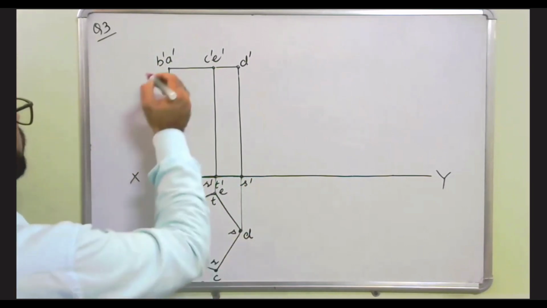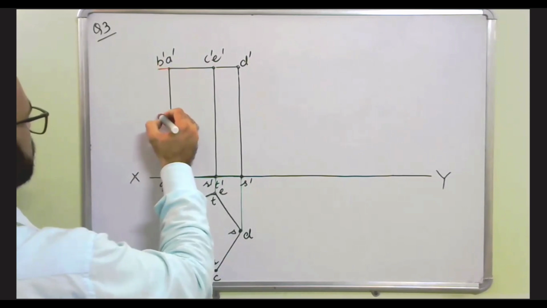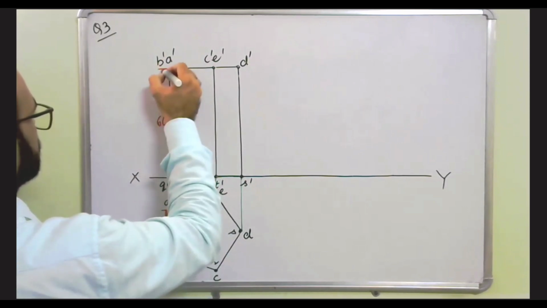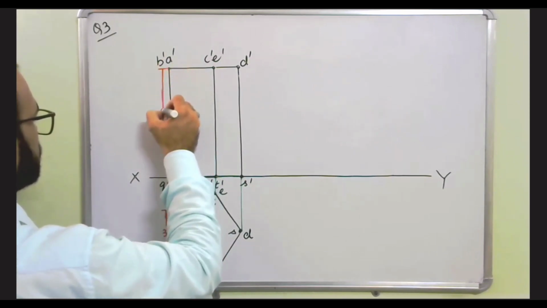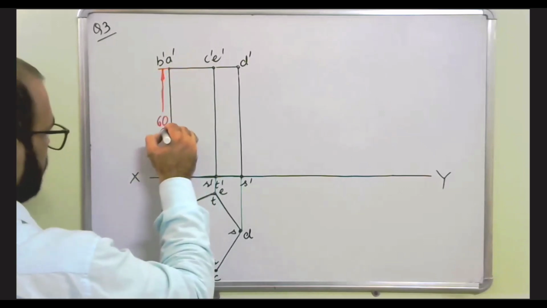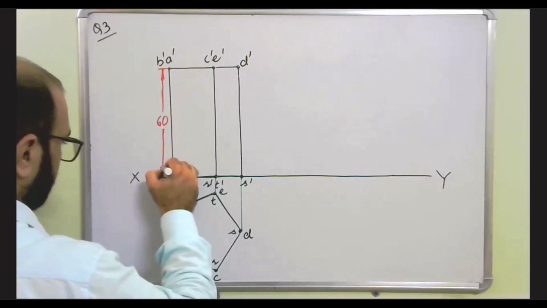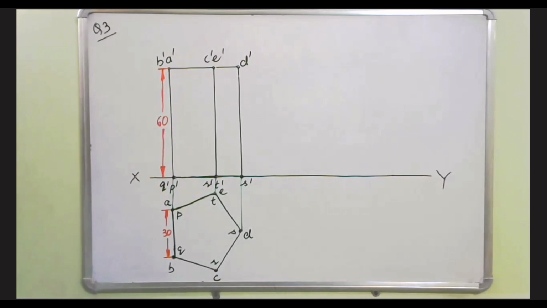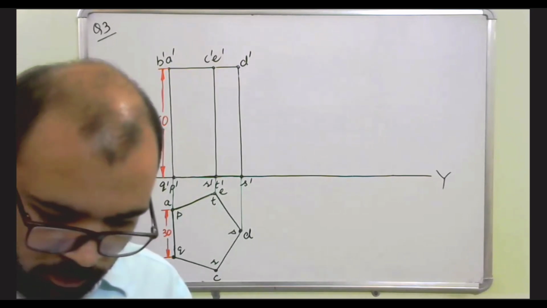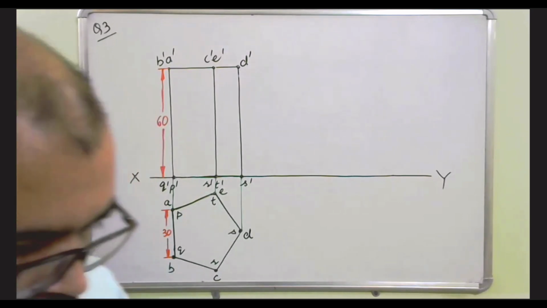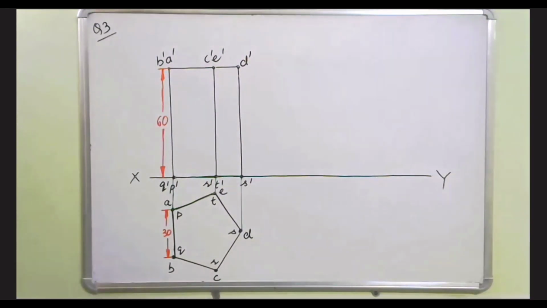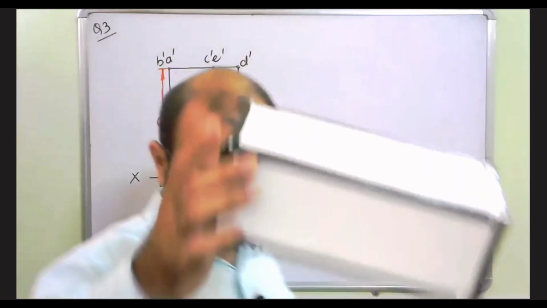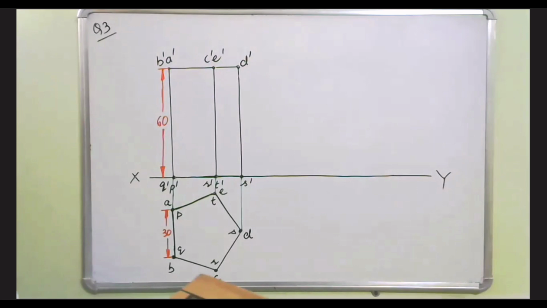The height is equal to 60 mm. So basically, this is a pentagonal prism.